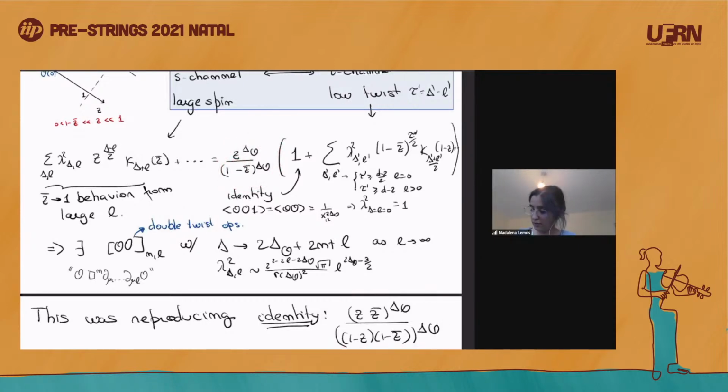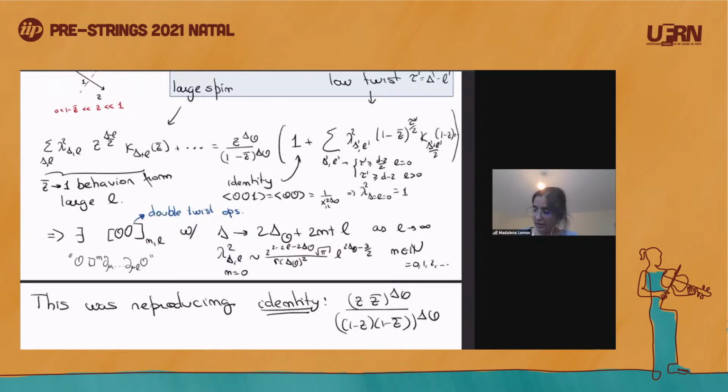So matching also the subleading powers of z from the identity tells you that all of these operators are there, with n being an integer. So all these double twist operators are there, and we now know how their OPE coefficients behave. This is just for n equals 0, I believe. I just wrote the leading one.